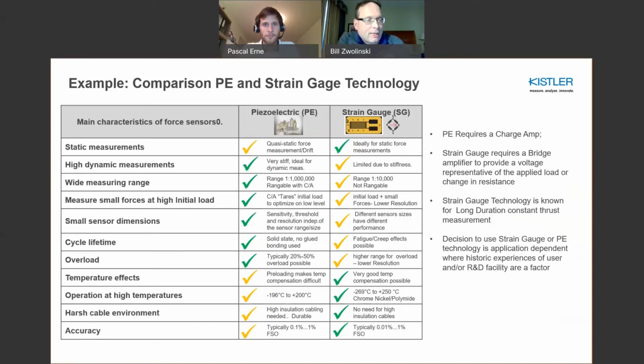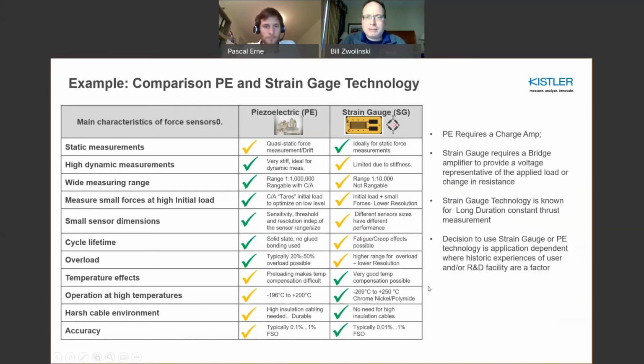Sure, that's going to affect natural frequency, but you can tare that out and basically just optimize the measurement on the dynamic portion of the signal. So it gives you a better way to represent and to get resolution of those smaller level signals. Whereas strain gauges, of course, you have the static load and the dynamic one coupled in. So you have to make that compromise for sure in terms of the resolution.